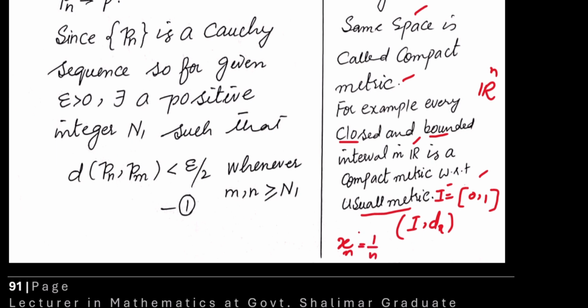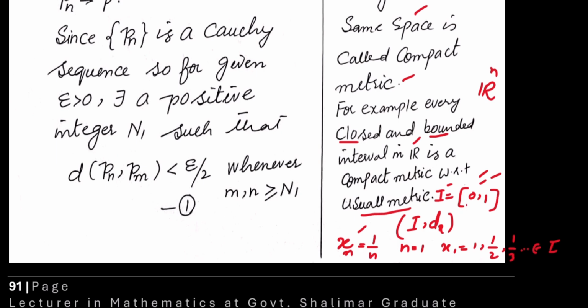Every term of this sequence belongs to this interval. If you put n equal to 1, your first term x1 is 1, your second term is 1 by 2, your third term is 1 by 3. All of these terms belong to this interval I. It means this sequence is defined on this interval I.